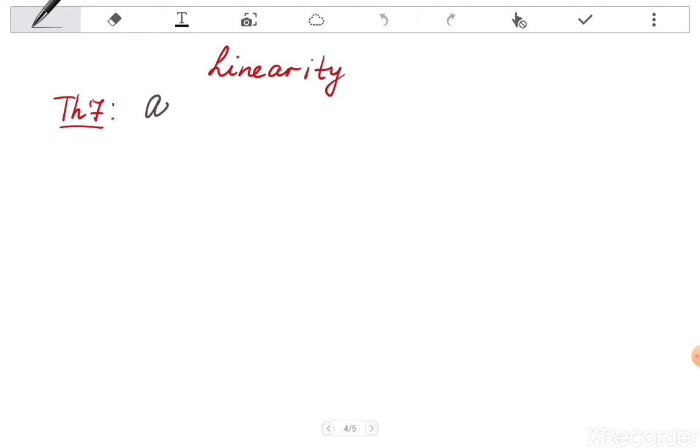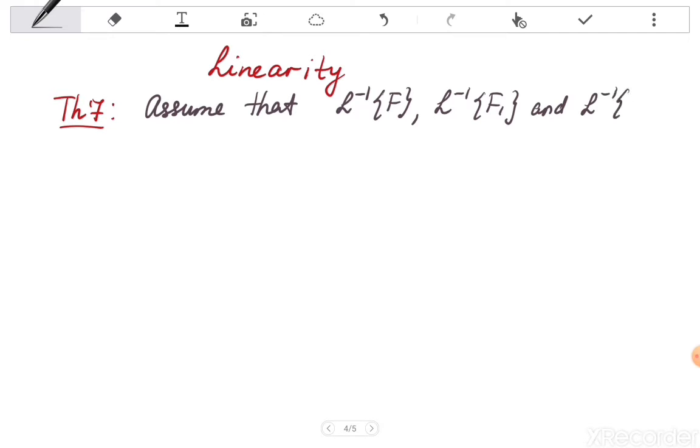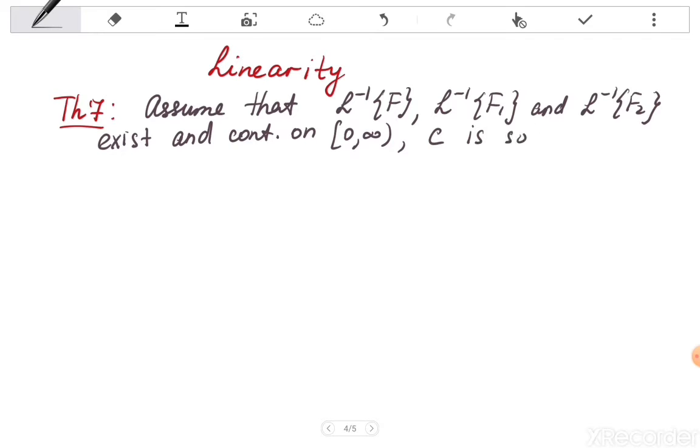Assume that the inverse Laplace transforms of the functions f1 and f2 exist and are continuous on the semi-interval, and also we assume that c is some constant.